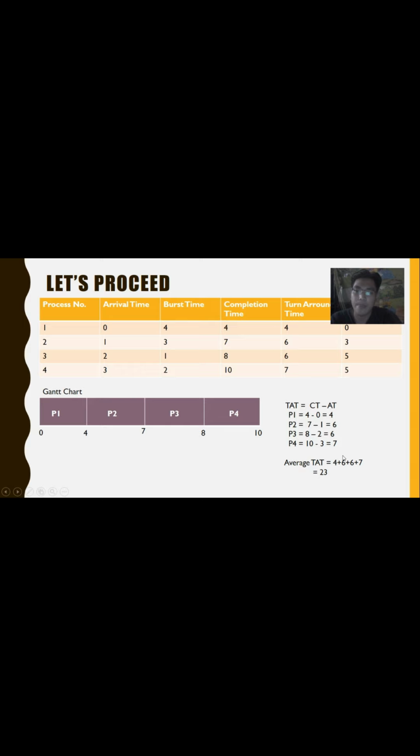So it is very easy, guys. In solving turnaround time, we only have to find the difference between the completion time and the arrival time, because turnaround time is the time taken to complete after arrival.